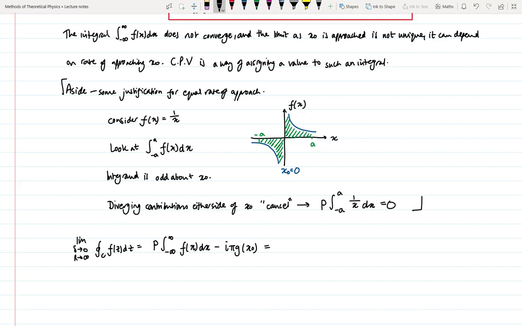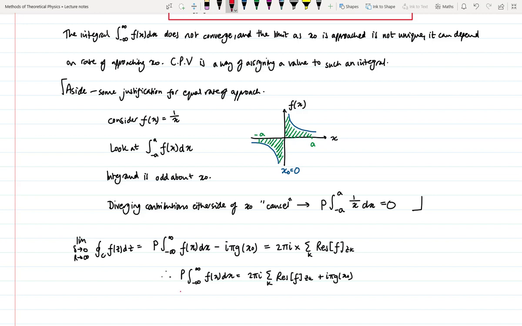And from the residue theorem, we know that this integral is given by 2 pi I times the sum of the residues. Tidying this up, we therefore have that our principal value integral is given by 2 pi I, the sum of these residues, plus this term.